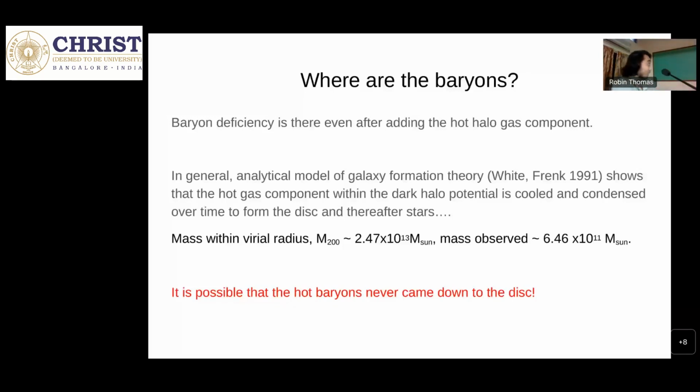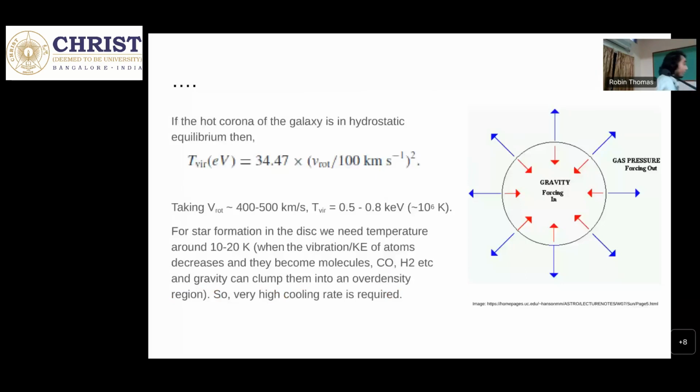But now we calculate the temperature, taking it that at 500 kpc hydrostatic equilibrium is satisfied. We can calculate the virial temperature of the gas there, and we found that the virial temperature is around 0.5 to 0.8 keV, which is of the order of 10^6 Kelvin.